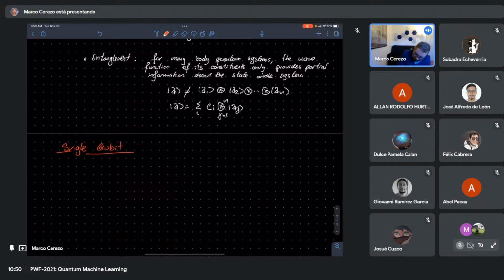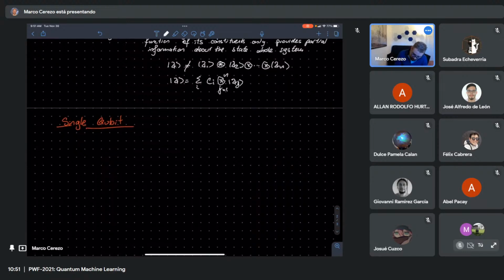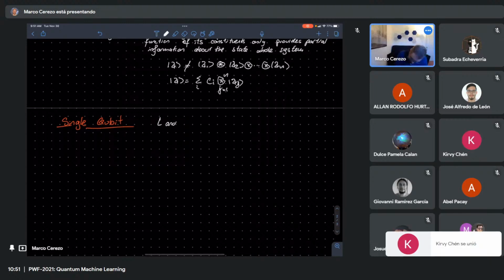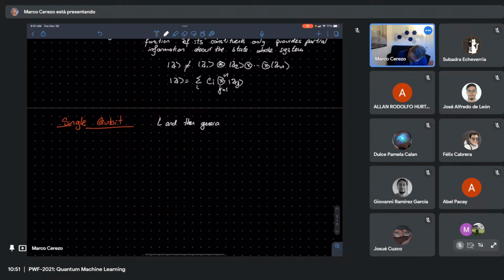Because if we understand the physics of a single qubit, we're going to be in very good shape to understand the physics of a collection of many, many qubits, right? So we will focus on single qubits and then generalize to n qubit systems. So this is the scope of the work.